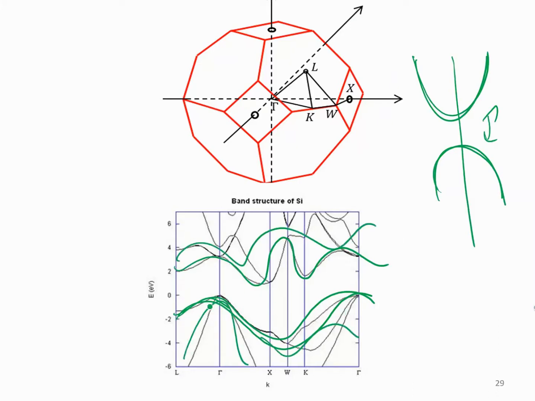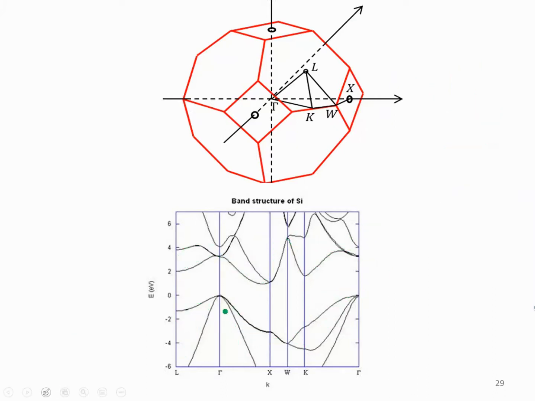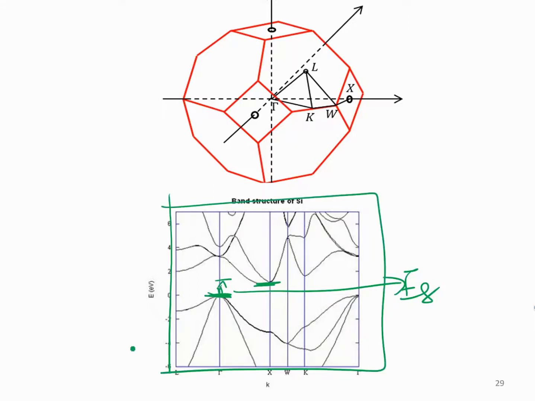Okay, so the top of the valence band, I think this point, if not mistaken, and the bottom of the conduction band, this point. So this is the EG, band gap. So for silicon, it only has a very small band gap, and the band gap is indirect. And this band structure is actually drawn on the reciprocal lattice.